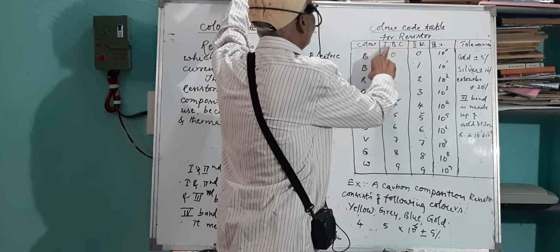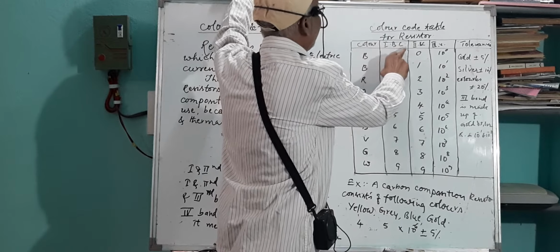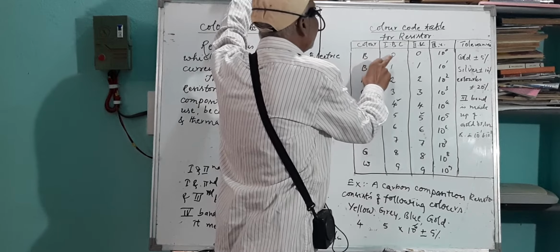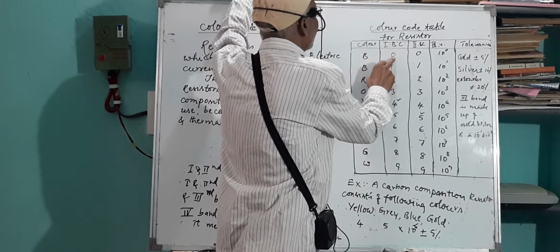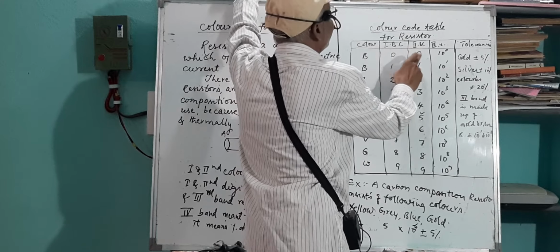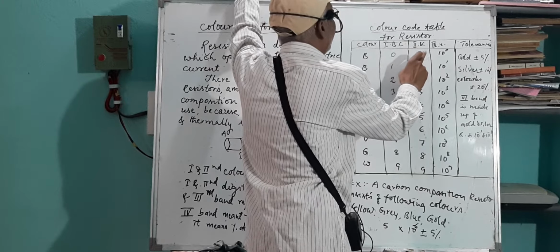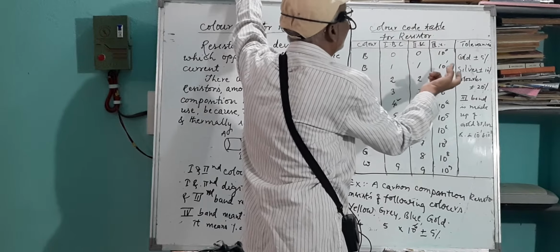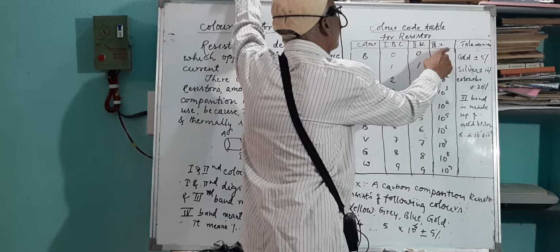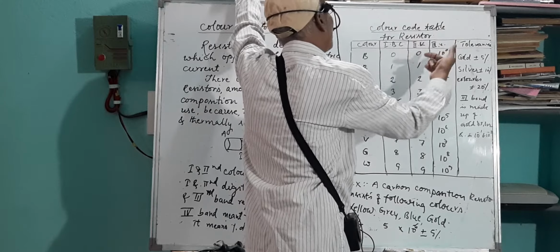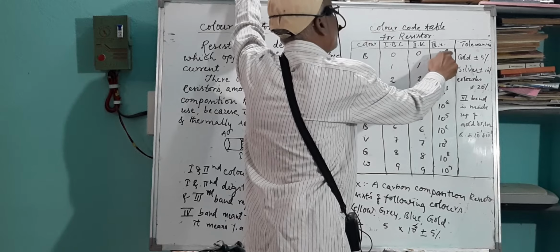So as I said, this is the first band color. If the first band color is black, its digit value is 0. If the second color band is black, it is also 0. The third color is the multiplying factor, the number of zeros followed by this, 10 to the power 0.